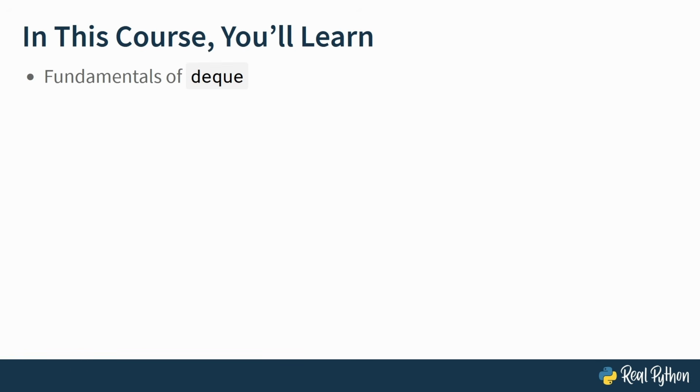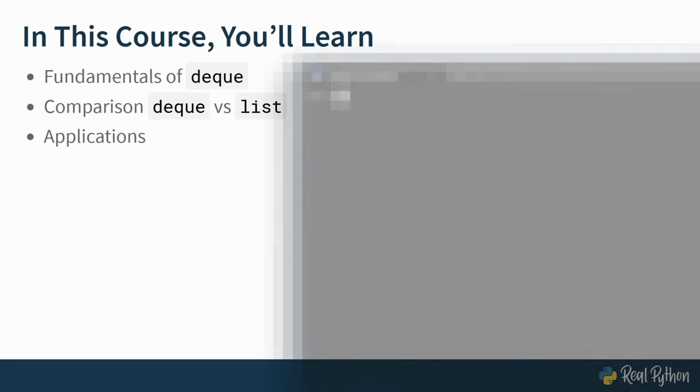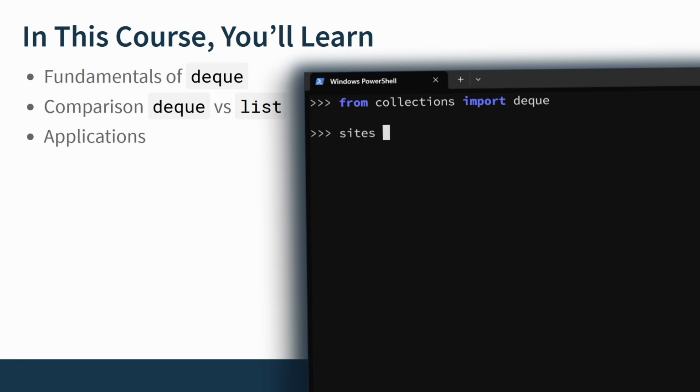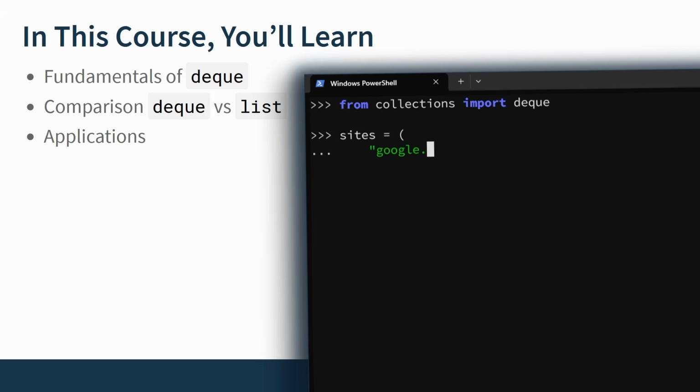In this video course, you'll learn how deque works, when to use it over a list, and how to apply it in real code. One of the projects you'll build in this course is a simple page history using Python's deque. Keeping track of the most recent items is a common requirement in many applications.